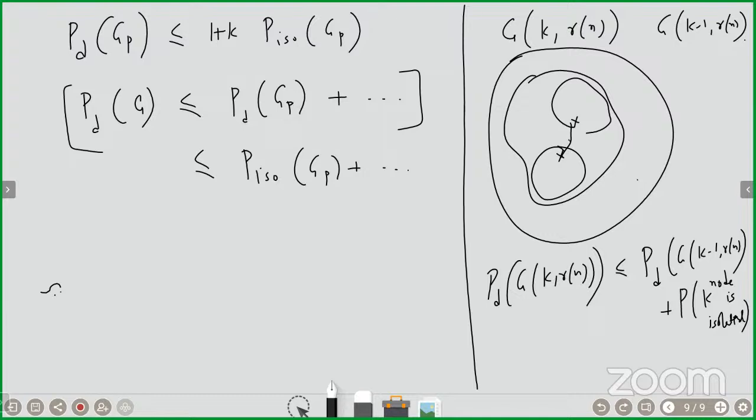So this is what my final goal is. Essentially I want to replace K by N. So in terms of PD of G of n comma Rn, what can you say? We can use the inequality.